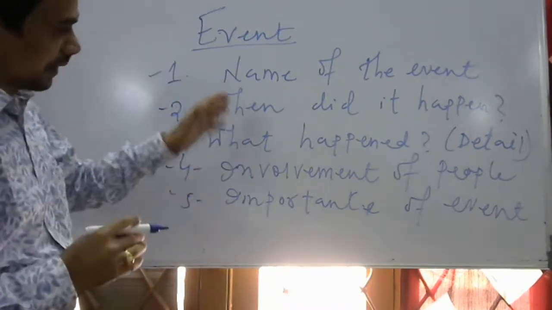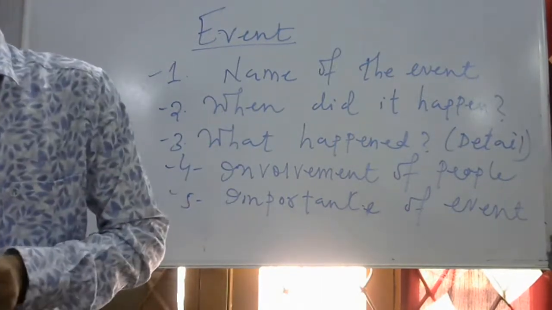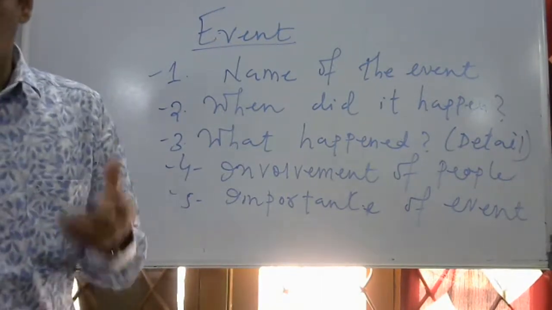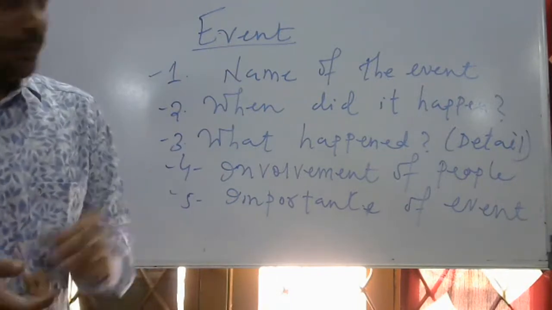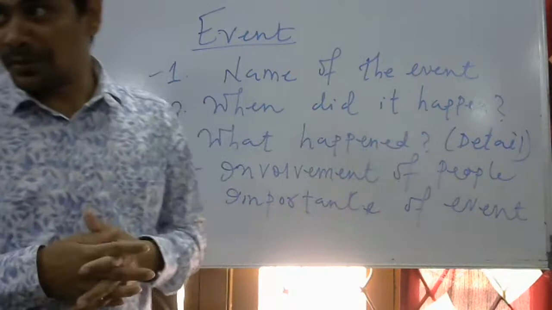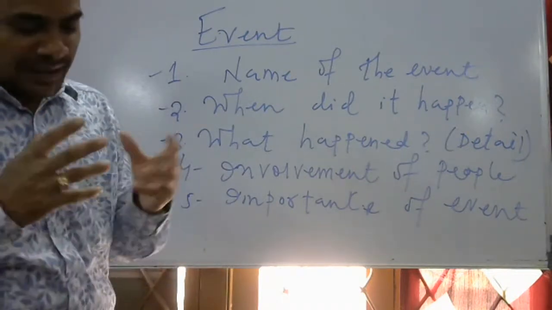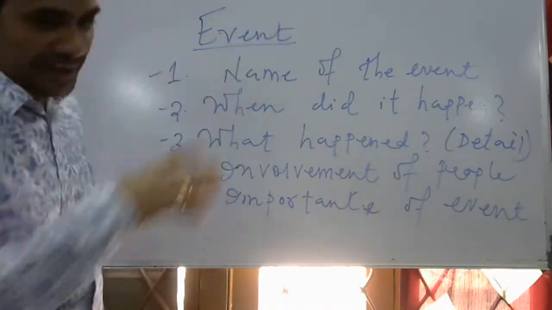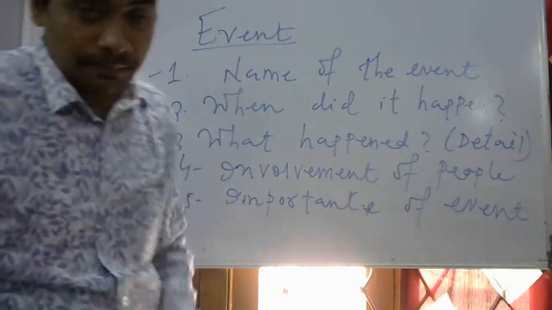So you are getting one general idea: these are all points the child should follow, and accordingly you write. Involvement of people relates to social development. Many ideas come, but you are not writing everything in detail because you are writing only one paragraph.